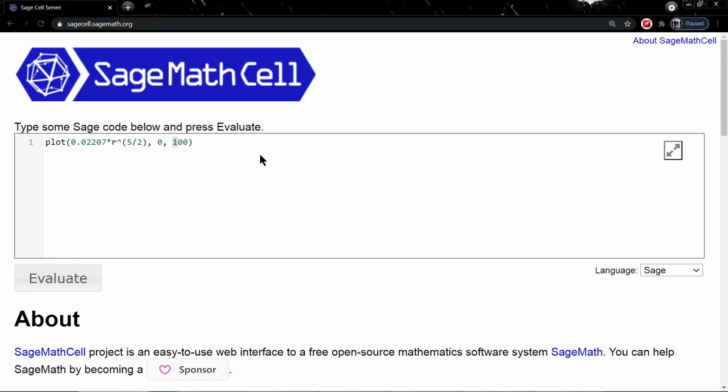Let us say we will plot it from 0 to 200. We will define the variable r first, and we can write var r and press evaluate.